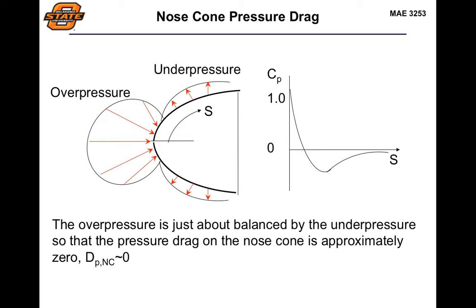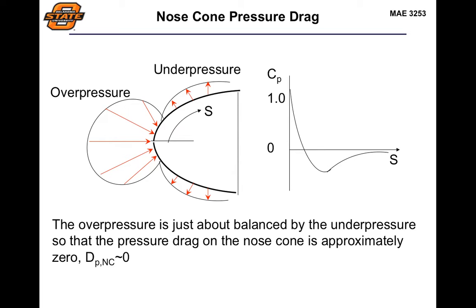As a good first guess, the overpressure from the stagnation region is balanced out by the underpressure on the rest of that nose cone. The area under this part of the curve is balanced out by the area under this part of the curve, so you can typically take that to be about zero.